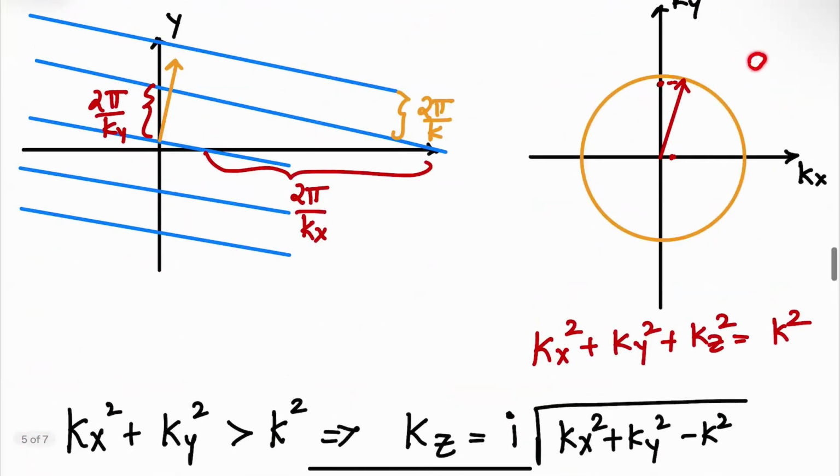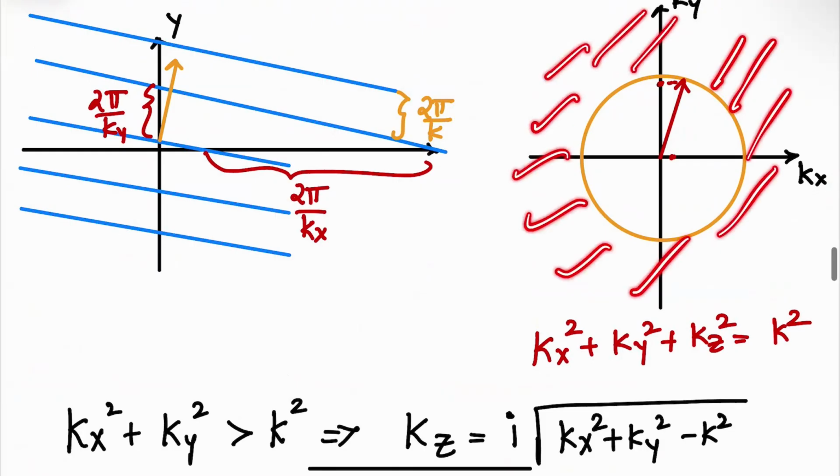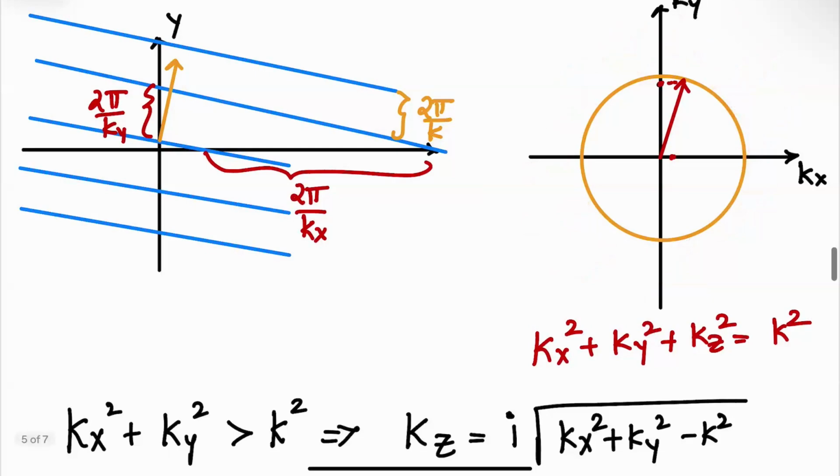So I can have a point out here, which means it's greater than this k squared, then kz becomes imaginary. So complex values of kz don't lie only on the surface of the sphere. You can actually have points outside the sphere as well. You cannot have points inside the sphere, but points outside the sphere correspond to the evanescent part of the spectrum. Points on the sphere correspond to the propagating part of the spectrum.